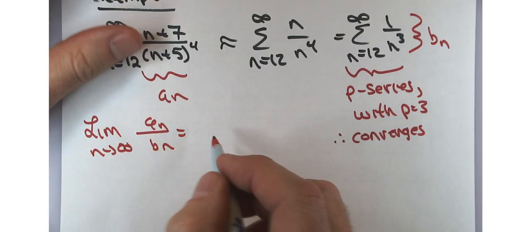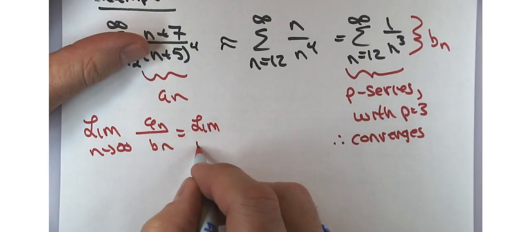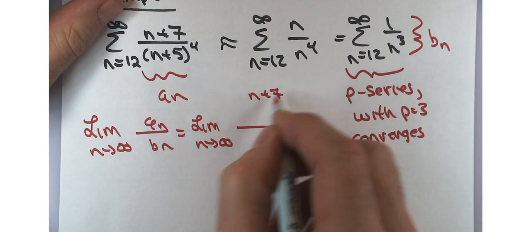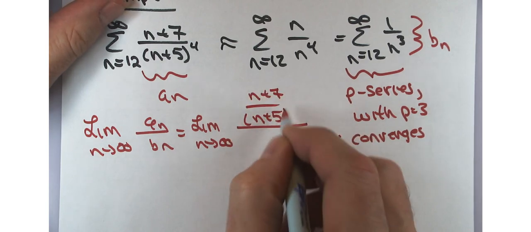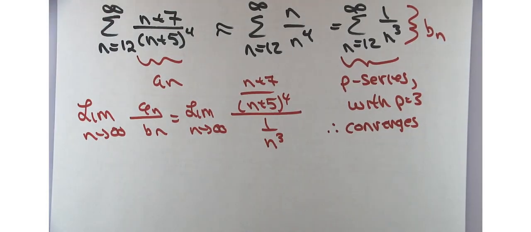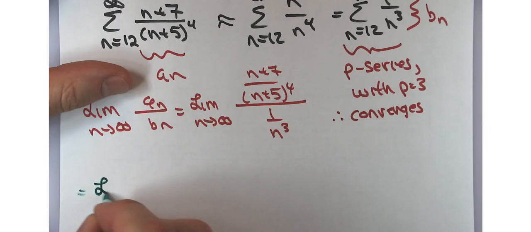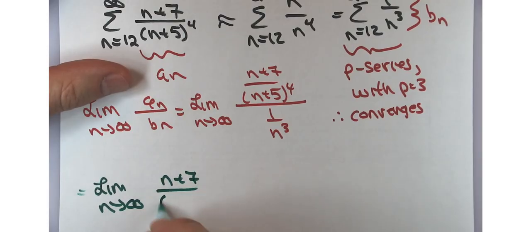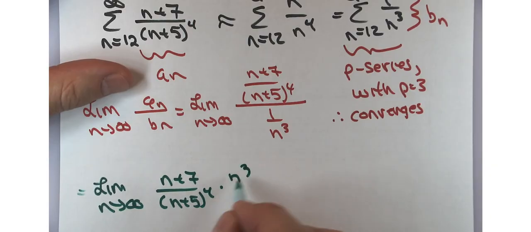Which is going to be the limit as n approaches infinity of (n plus 7) over (n plus 5) to the fourth power over 1 over n cubed. Let me bring that down here. Equals the limit as n approaches infinity of (n plus 7) over (n plus 5) to the fourth power times n cubed over 1.